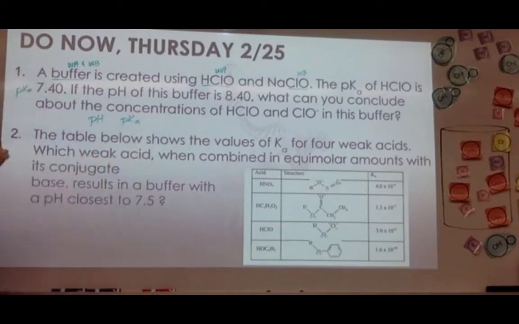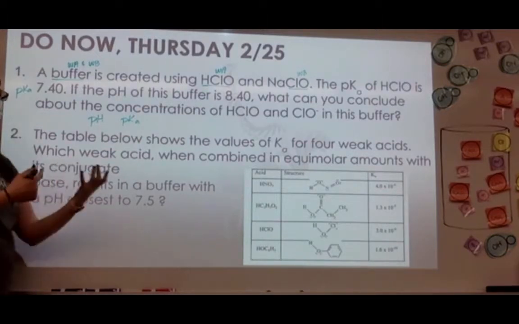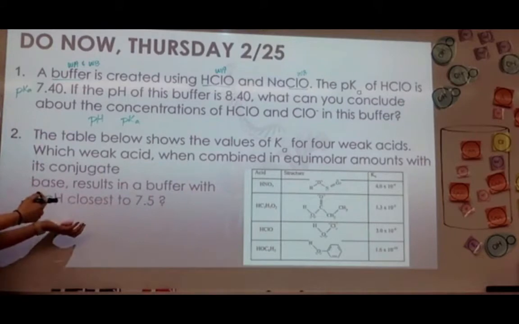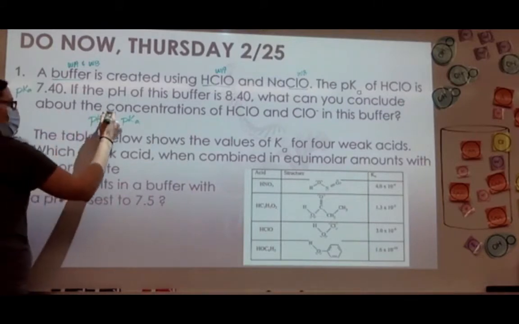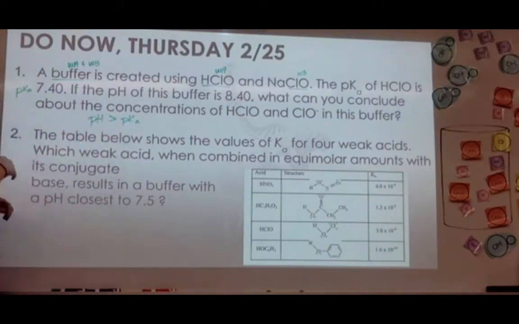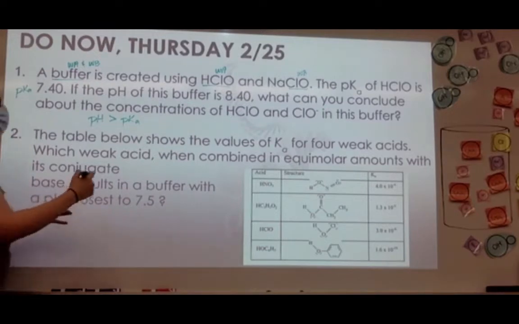Because when we compare the pH to the pKa of a buffer, that tells us what we have more of. If they're equal, we have equal amounts of both. But in this case, the pH is greater than the pKa. Think about what it means to have a higher pH. A higher pH means more basic.